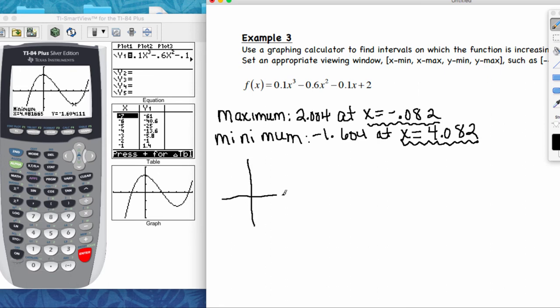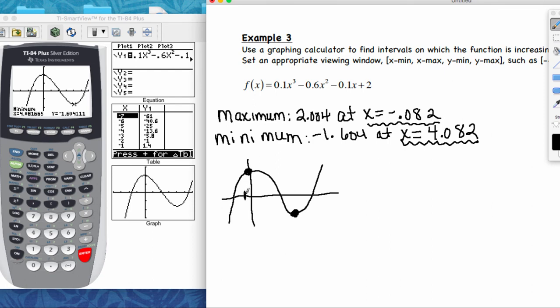You do not have to draw the graph in, but I'm going to draw it in. So my graph makes a switch right here, and my graph makes a switch right here from going from increasing to decreasing, then decreasing to increasing.